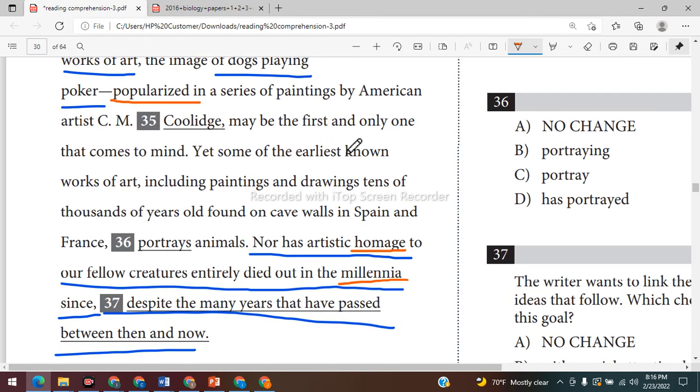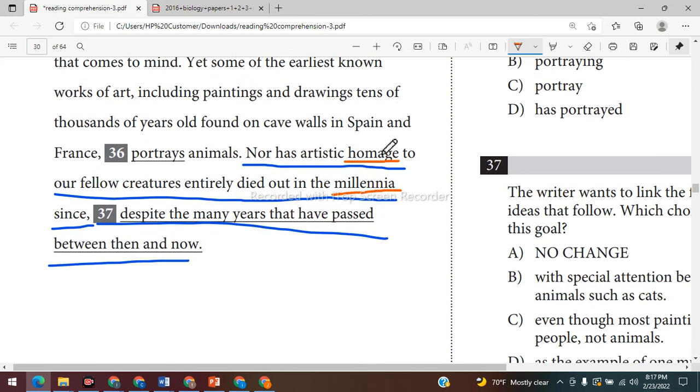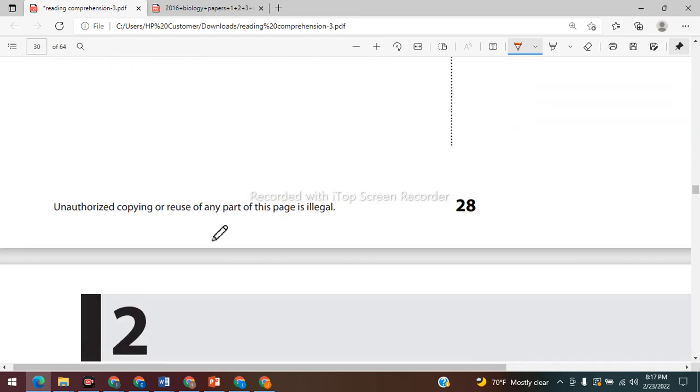Yet some of the earliest known works of art, including paintings and drawings tens of thousands of years old, found on cave walls in Spain and France, portray animals. Nor has artistic homage to our fellow creatures entirely died out in the millennia since.